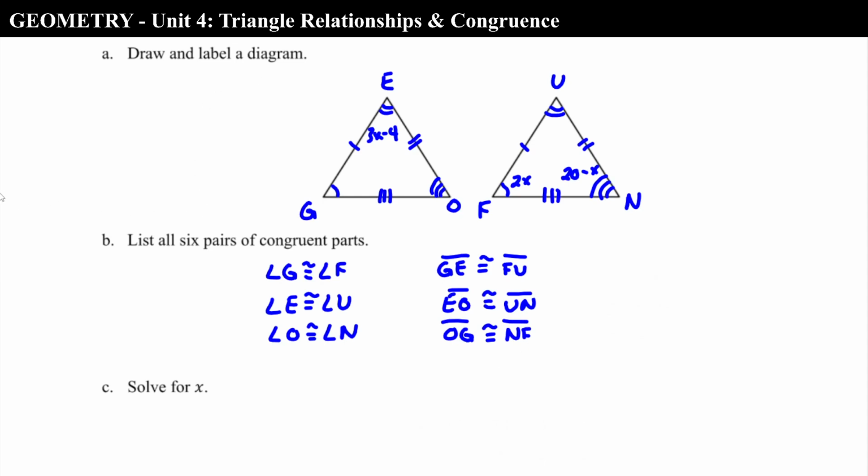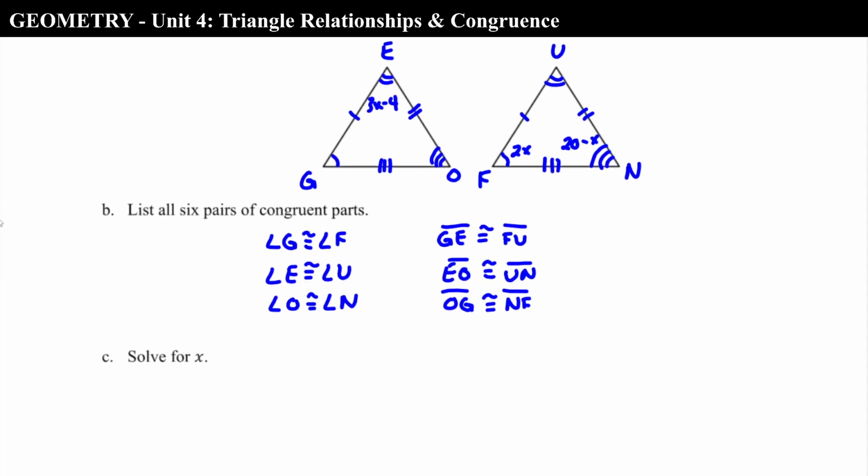Now let's solve for x. Well, how do we do that? Well, if E is congruent to U, then this must also be 3x minus 4. And if we have all 3 of our angles, we can set them equal to 180 degrees. So we're going to have 2x plus 3x minus 4 plus 20 minus x is going to be equal to 180.